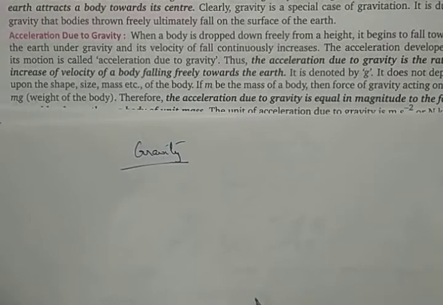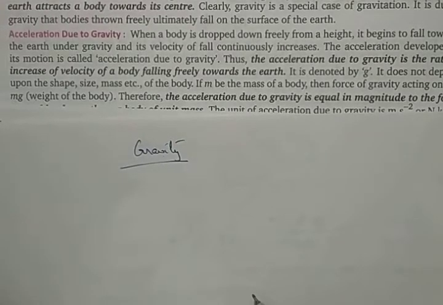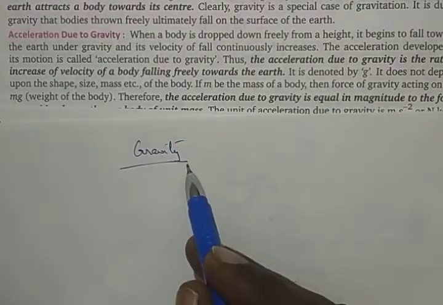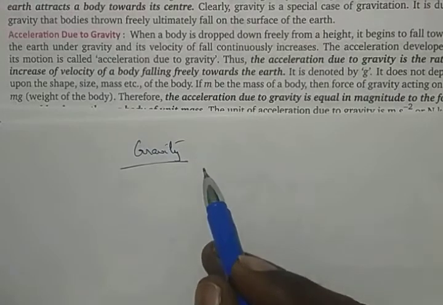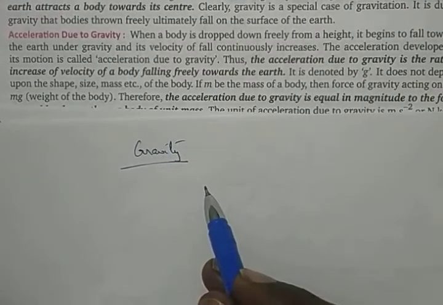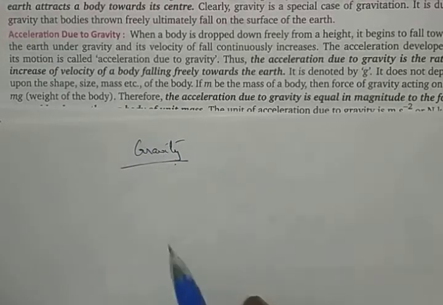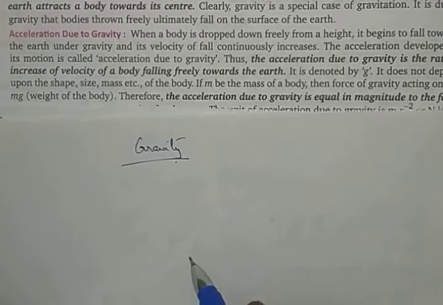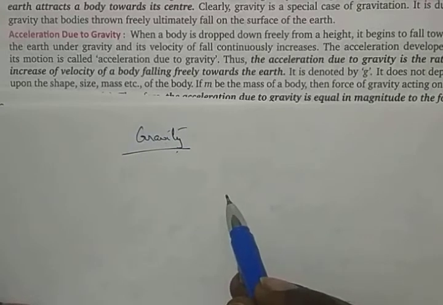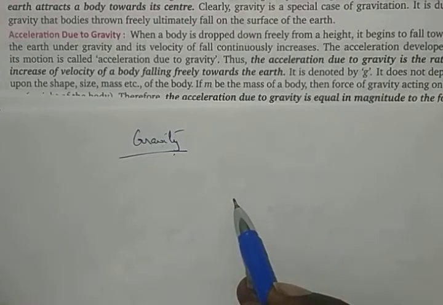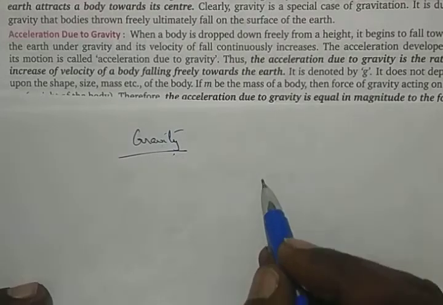So what is gravity? This is something to do with the location wherever you are. If you are on a particular planet, then you will experience gravity. So it is something to do with the planet, and with the force which it exerts.